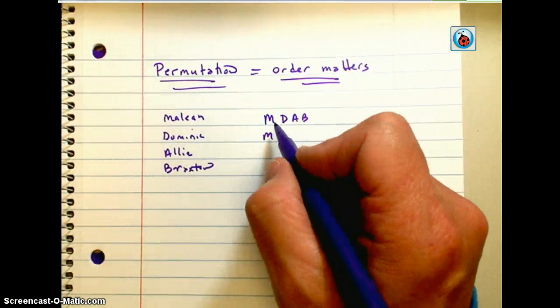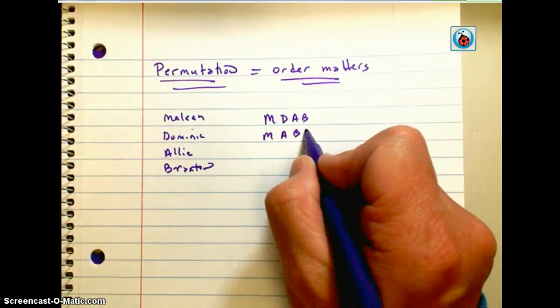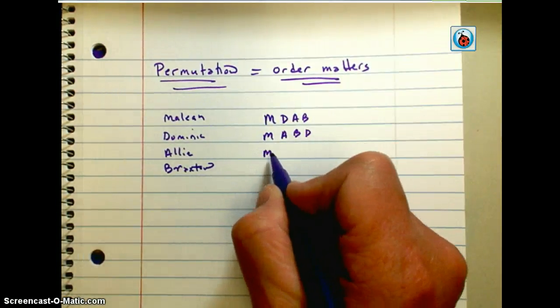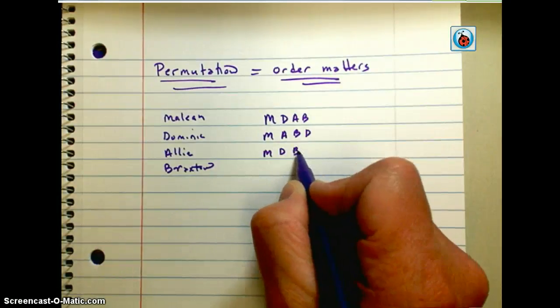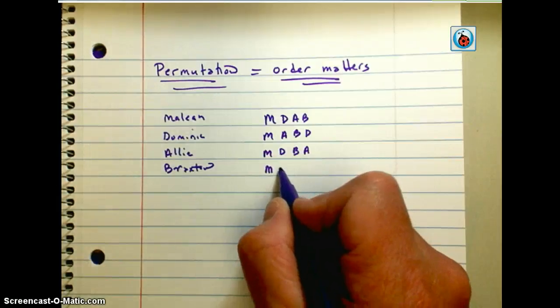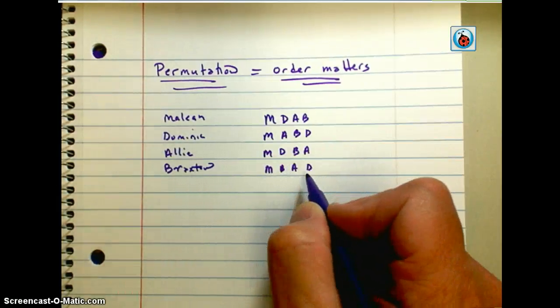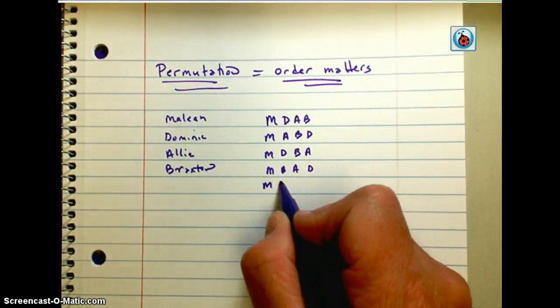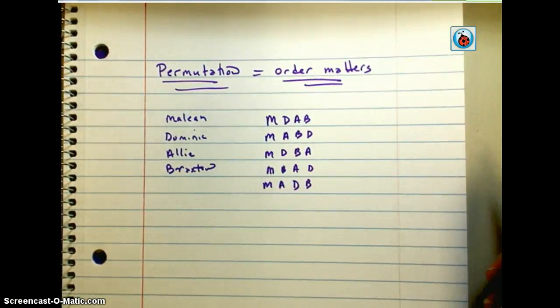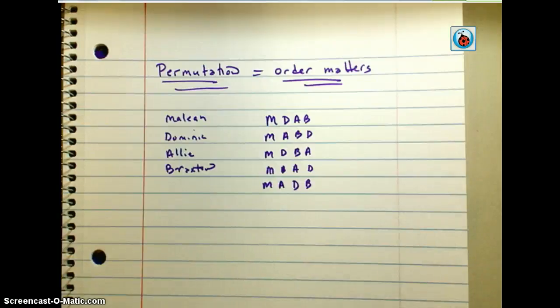Malia, Allie, Braxton, Dominic. Malia, Dominic, Braxton, Allie. Malia, Braxton, Allie, Dominic. Malia, Allie, Dominic, Braxton. Those are all the combinations where Malia is the leader.